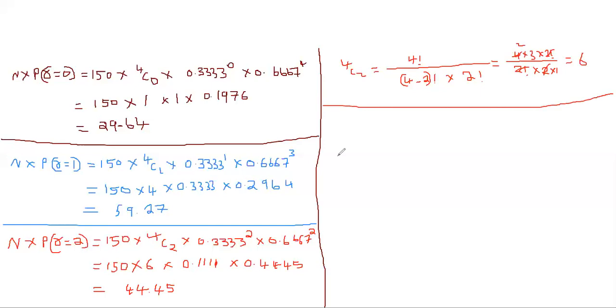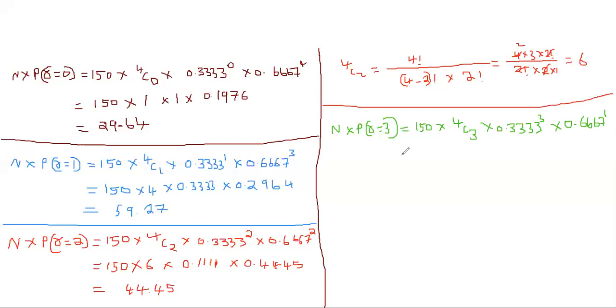Now let us do n into P of r is equal to 3. Let us do it in some other color. n into P of r is equal to 3 is equal to 150 into 4C3 into 0.3333 raised to the power of 3 into 0.6667 raised to the power of 1.